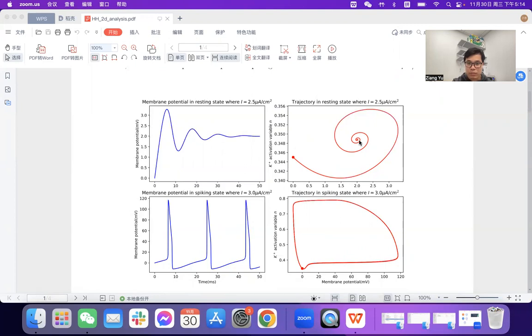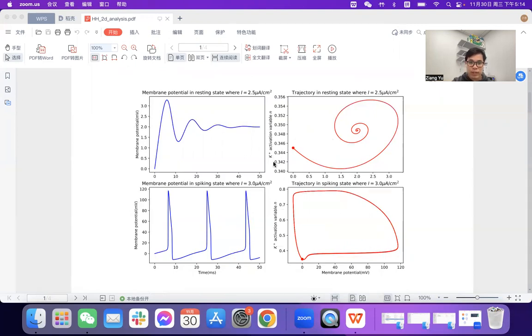Okay, and if we increase the stimulation a little bit to say 3.0, then the behavior will be totally different. Instead of converging to a certain value and staying unchanged, the membrane potential changes periodically, and there are some spikes in the solutions.